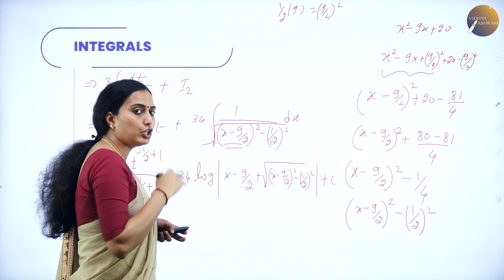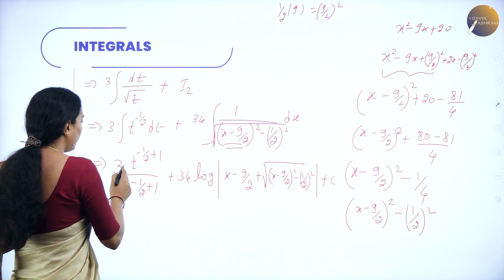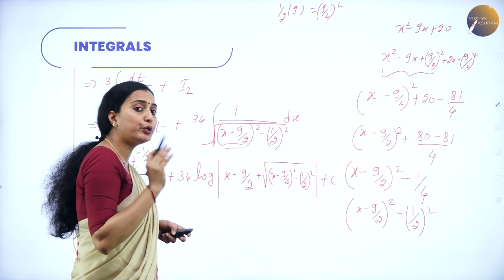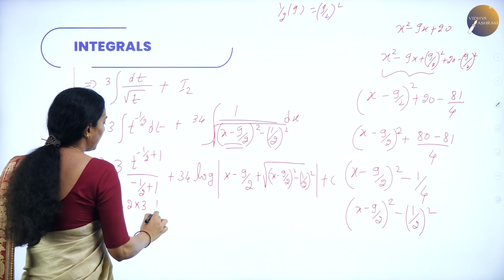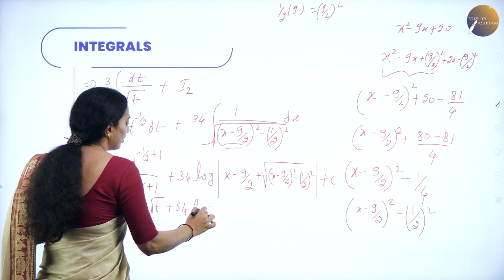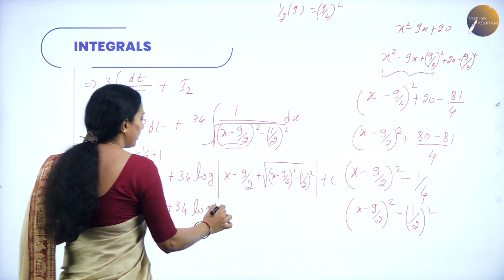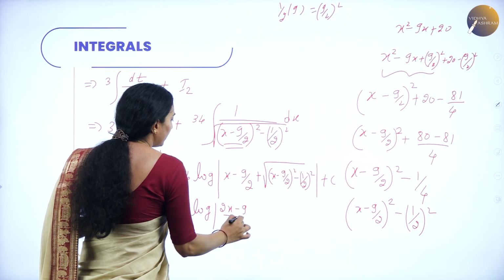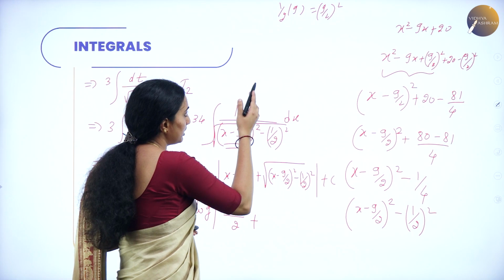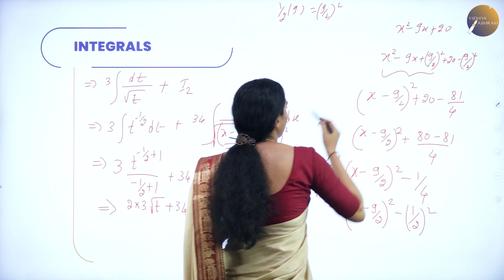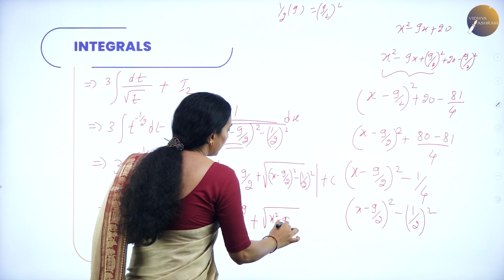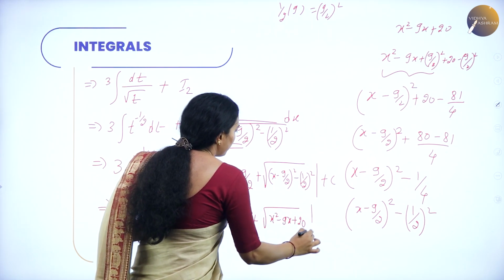The 2 will go to the numerator, so it will become 2 into 3, which is 6, t to the power of half, which can be written as root t, plus 34 log of modulus of 2x minus 9 divided by 2 plus, if you simplify this, you are going back to that step only, which is x squared minus 9x plus 20. Therefore, we can write under the root of x squared minus 9x plus 20, plus c.